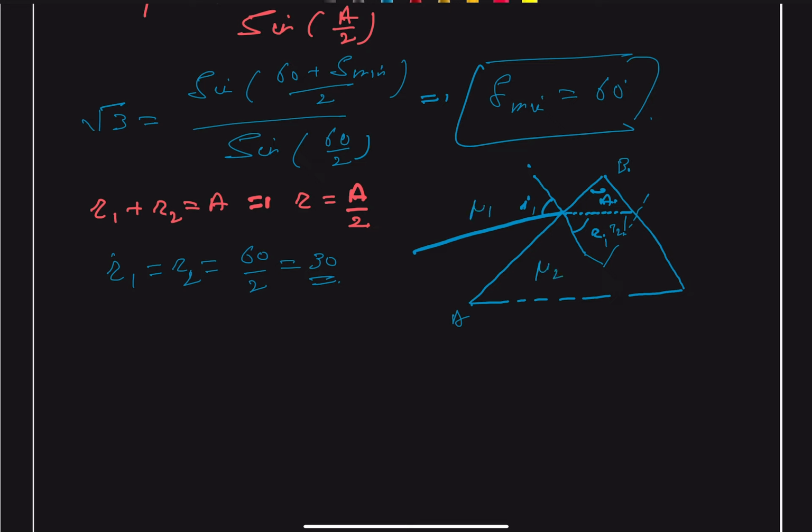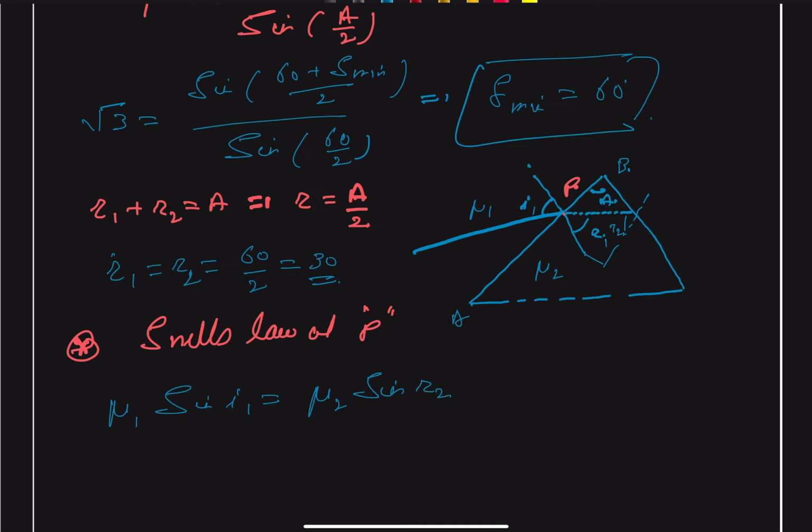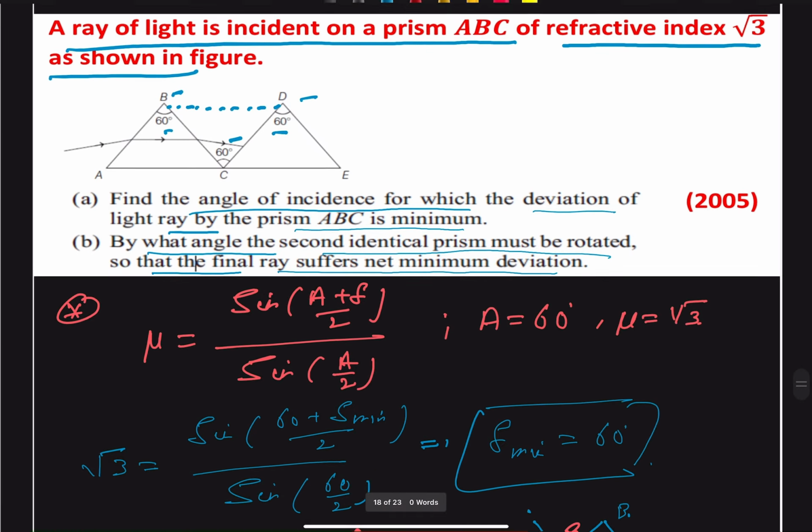Let us call this point P. Snell's law at P gives mu1 sine of I1 is equal to mu2 sine of R2. Mu1 is air and mu2 is given to us as square root of 3.